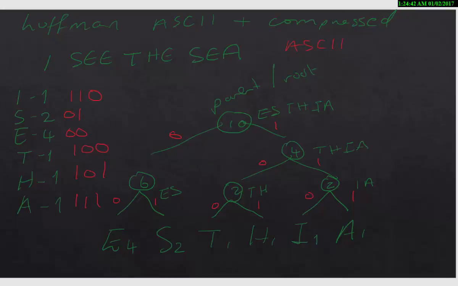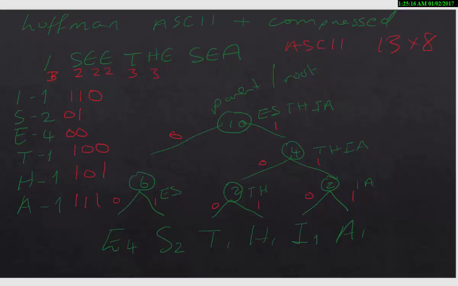And so you can write "I see the C" in ASCII, which would be 1, 2, 3, 4, 5, 6, 7, 8, 9, 10, 11, 12, 13. So 13 times 8. And what you would do here is that would be represented as 2 bits. That would be represented as 3 bits. E's are represented using 2 bits, so 2 and 2. T is represented using 3. H is represented using 3.